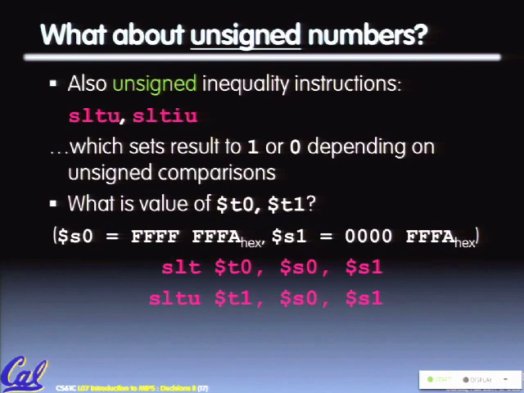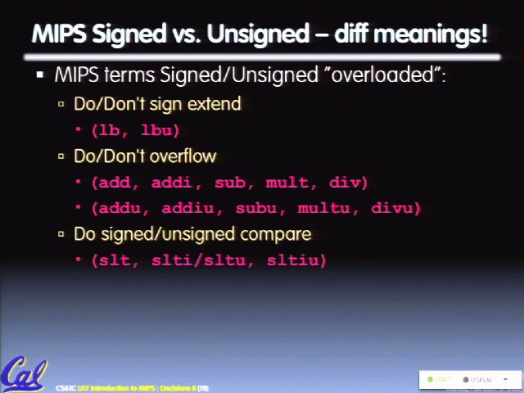You either are loading a byte from memory, and you need to sign extend or not, and that's the LB versus LBU. You either are doing an addition and either detecting an overflow or not, and that's the add versus addu. And you either are doing a comparison, treating the numbers as signed when comparing which is bigger or smaller, or unsigned numbers, and that's the SLT, SLTI versus SLTU, SLTIU.